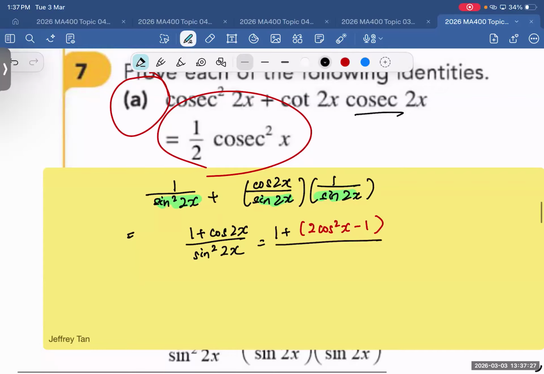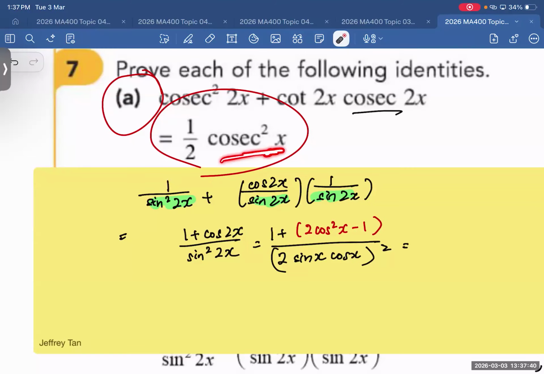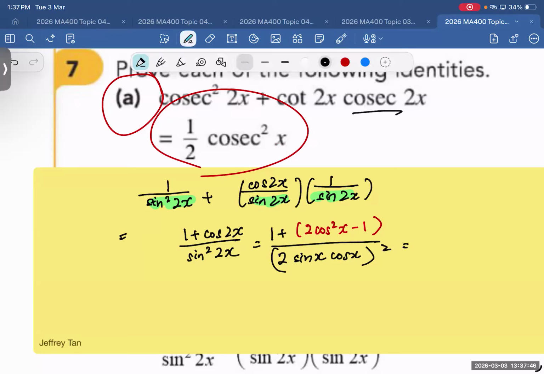The denominator, I change to 2 sine x cos x squared, because I know that my endpoint is all single angle. I can't be staying double forever. Someday I'll be single, right? So I change it to single angle. After that, this is 2 cos square x.